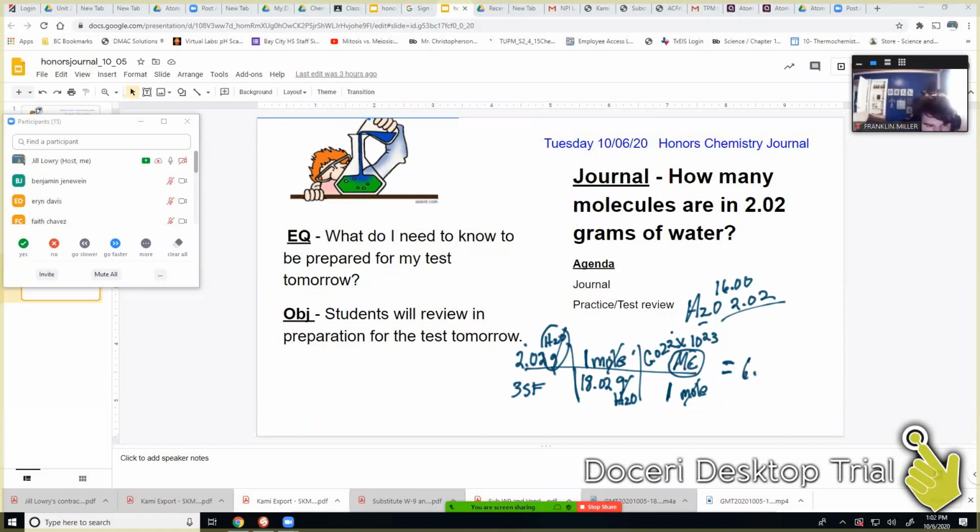So 6.75 times 10 to the 22nd molecules. So there'll be some like this on the test, and then there'll also be some of the shorter ones, which were just 2-step that we kind of looked at more on Friday.